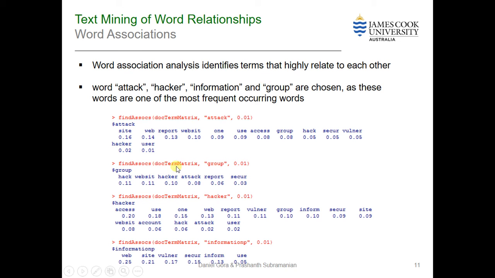We found, for example, for the word attack, the words website and web were highly related, as well as for the word group, the words hack and website were highly related. And also for the word hacker, the words access and use were highly related, which indicates that hackers use means of access in order to steal information.